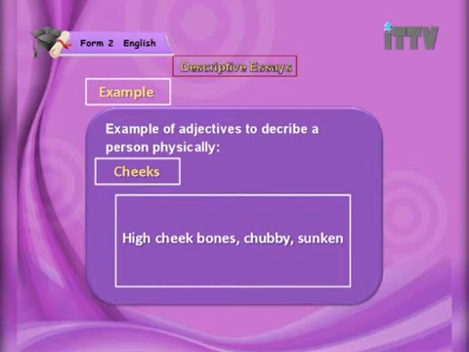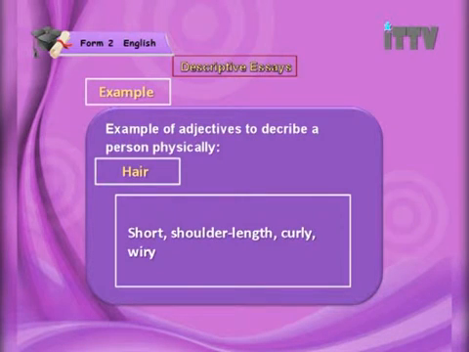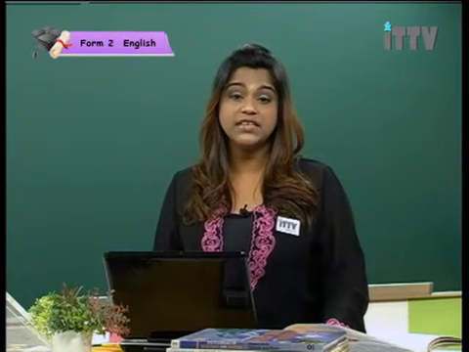Then comes the cheeks. A person could have high cheekbones, chubby or sunken cheeks. And a person's hair. You could describe a person physically by their hair by saying he has short hair, she has shoulder-length hair, or curly hair. Or you could even say a person has wiry hair.